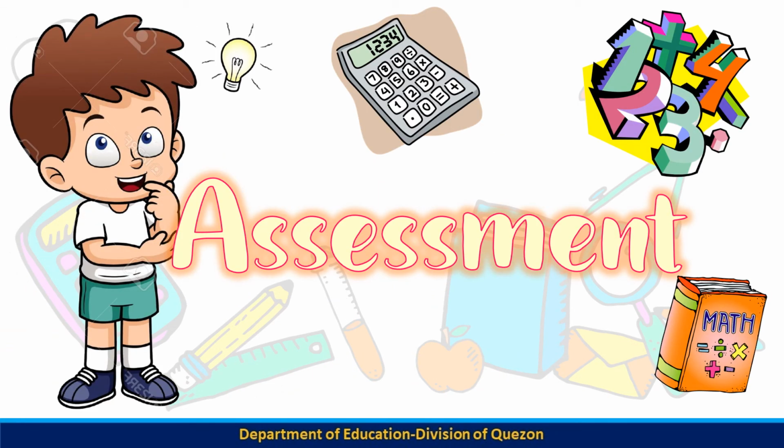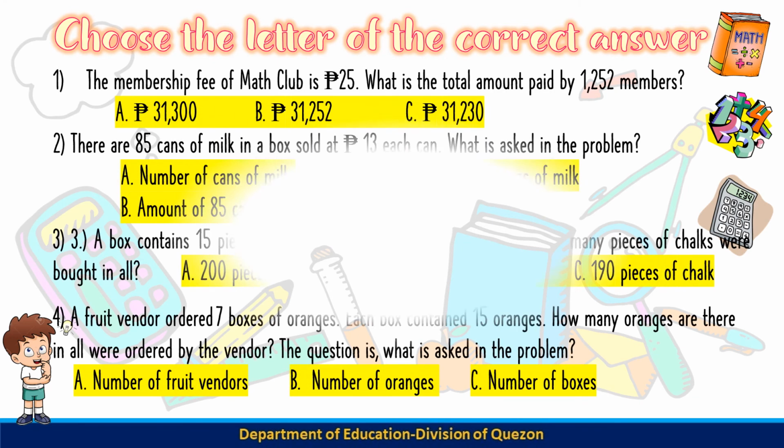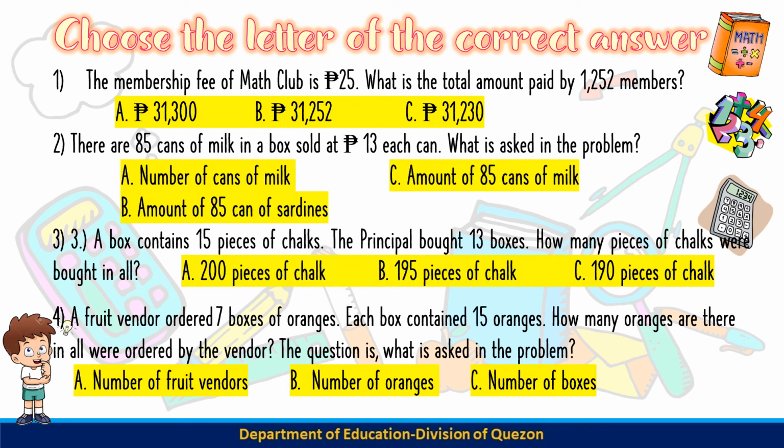We have the next, your assessment. This will be your last activity. Choose the letter of the correct answer. Write the letter in your notebook, and we will answer it afterwards. Read first the question and analyze or solve if necessary.